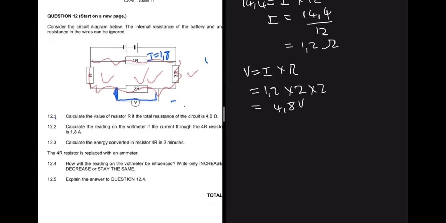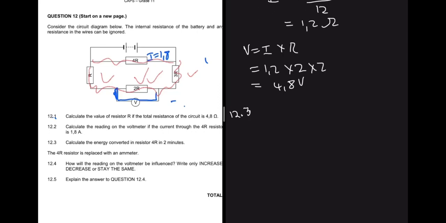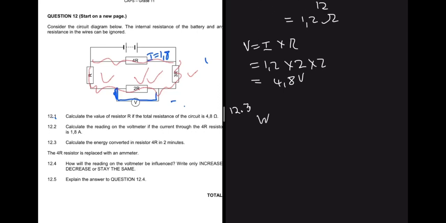Now let's move ahead and do 12.3. 12.3 says calculate the energy converted in resistor 4R in 2 minutes. We know here that the formula of the energy is given by W equals the power multiplied by the change in time.